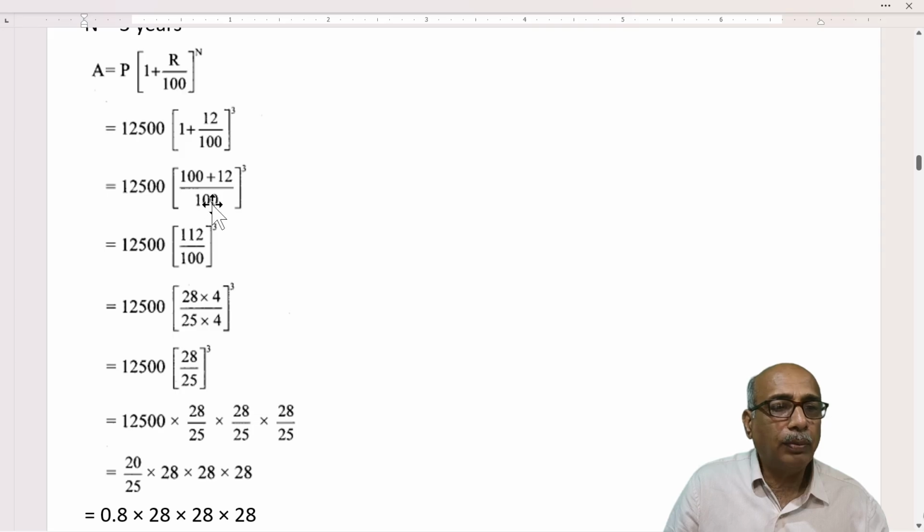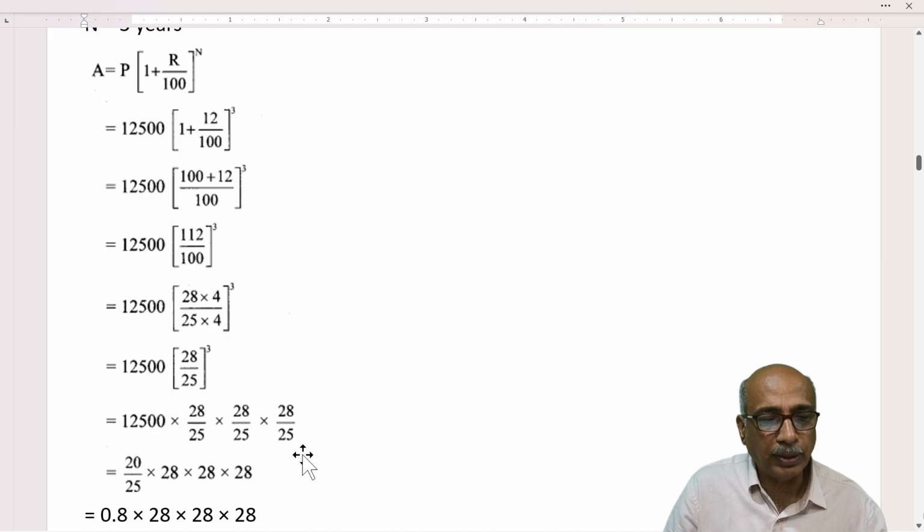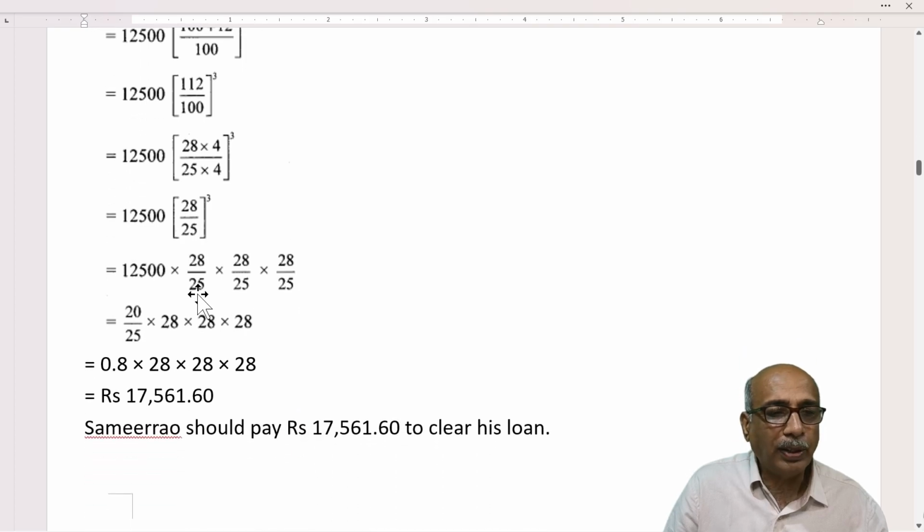Now you know the method of calculations. So this will be 112 upon 100 cube. Factors of 4 will go here. So 28 into 4 and 25 into 4. Simplify, 4 gets cancelled. So 12,500 into 28 by 25, three times. When you simplify this, 25 into 25 into 25, you will get 20 upon 25 into 28 cube.